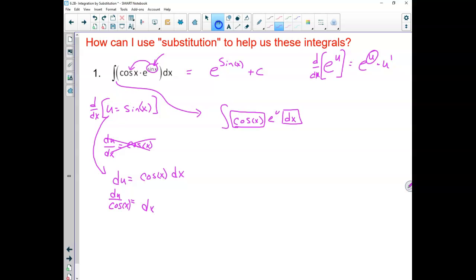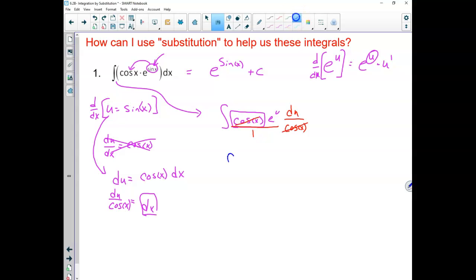And then I would say dx equals du over cosine x. So all I'm doing is I'm substituting things in. So now I'm going to come back here, and where my dx is, you're going to mentally see it right away and go through it, you're going to replace your dx that I just erased with a du over a cosine x. And then you see this whole fraction is over 1. I can see that cosine x goes away.